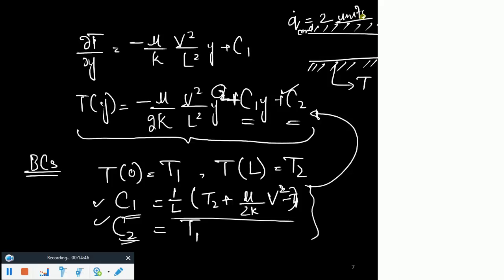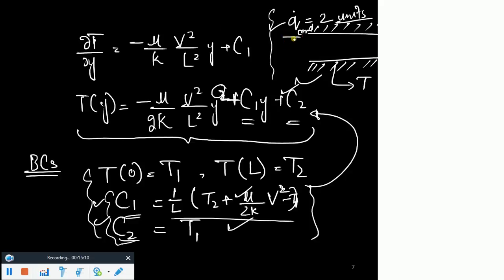Then what would you do? You need to find out those coefficients accordingly. Remember that. If I specify flux instead of the temperature condition on some of the plates, this particular solution would not be applied to that problem, so you need to find out those coefficients according to those conditions.